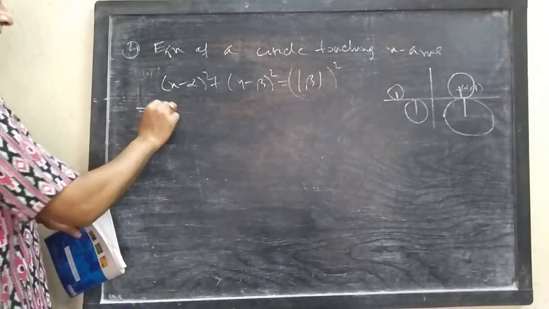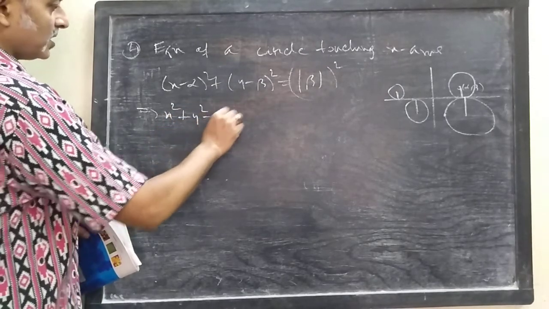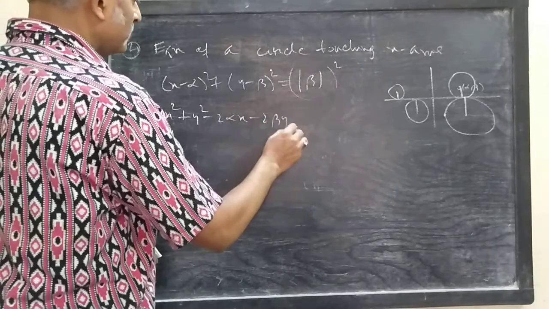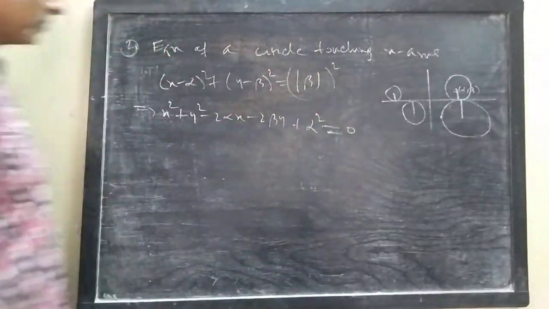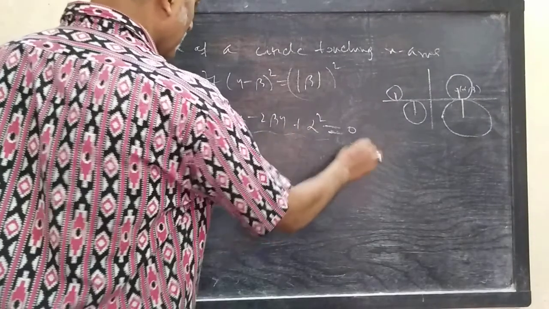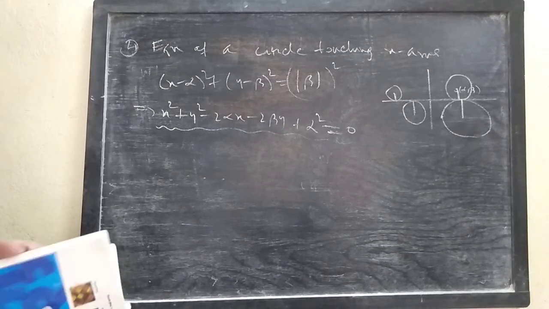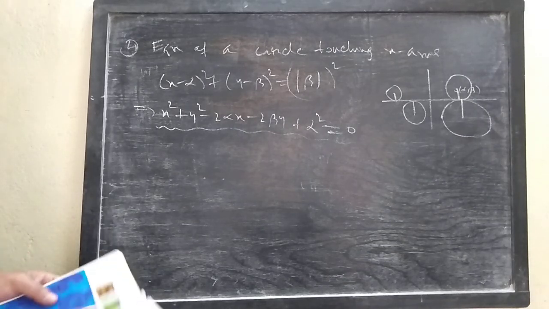So we ultimately get x square plus y square minus 2 alpha x minus 2 beta y plus alpha square equals 0. So we can write equation of a circle touching x-axis in this way. Okay? Or in this way.